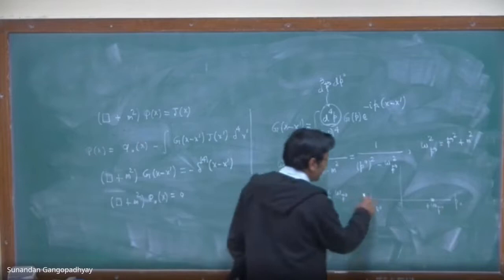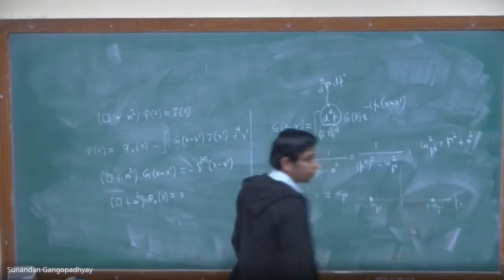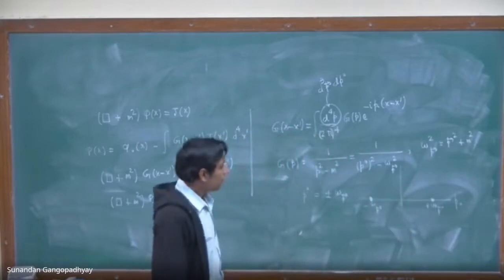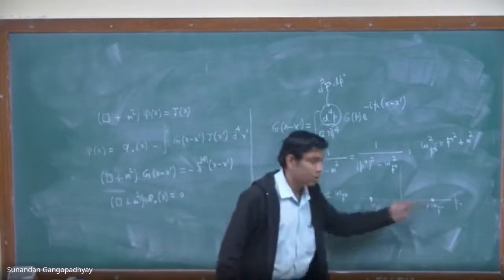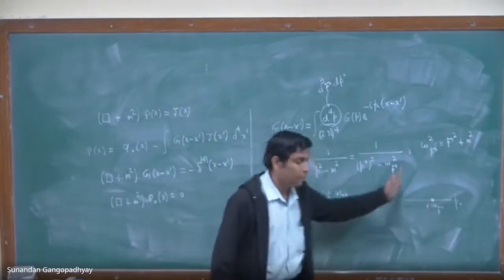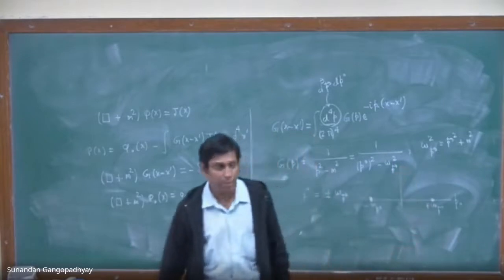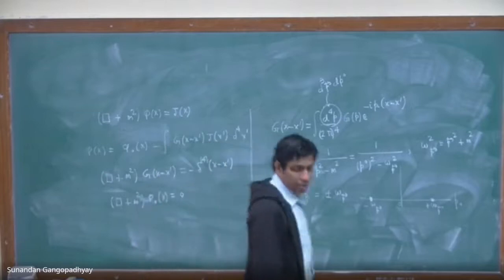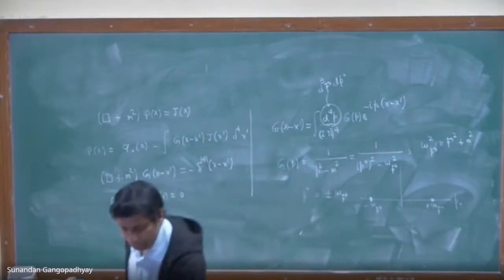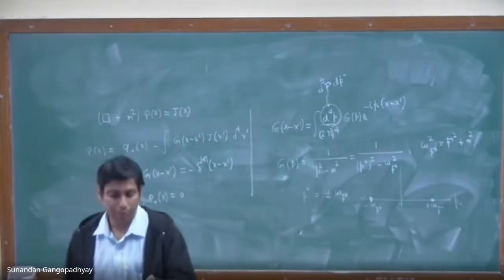We can do that. But we can do another thing without keeping the poles on the real axis. We can push them up and down in the complex plane. And we shall follow that prescription. And that prescription is basically nothing but known as the Feynman's epsilon prescription. So let me tell you what this epsilon prescription is.